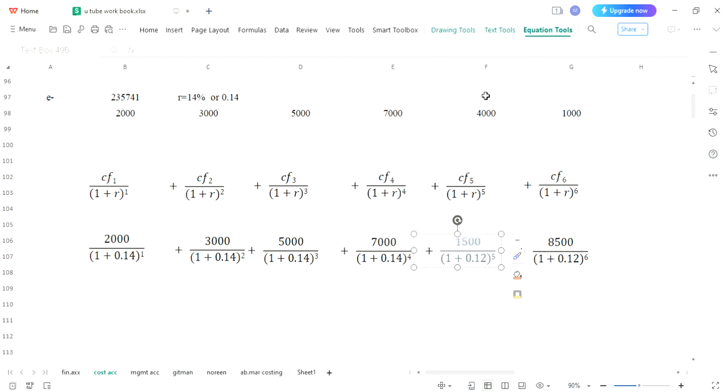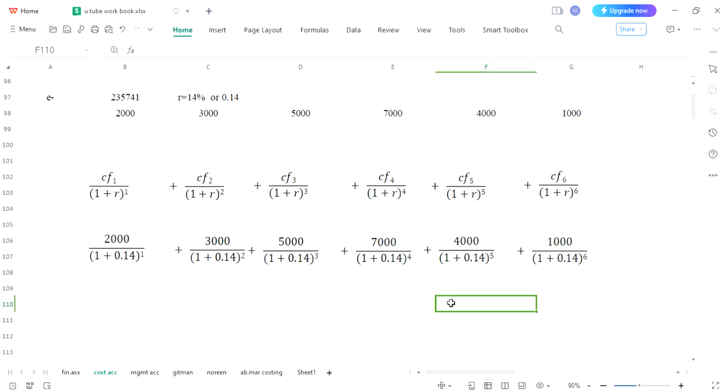In this stage we do have 4000, and downward we will change the rate, which is now 14%. Last cash value is 1000, and now it is taking time. We do have last value as 1000, rate is 14%.